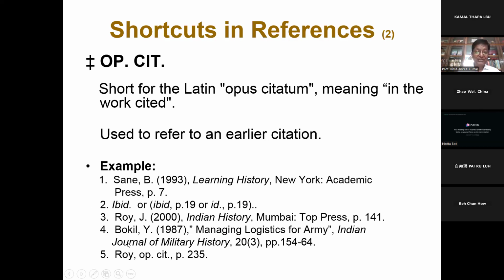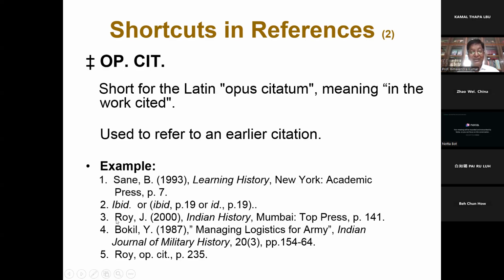If you see the third, as for example, Roy J., 2000, Indian History, Mumbai, Taraporevala, page number 141. Again, this work cited, we have to write in the same way.